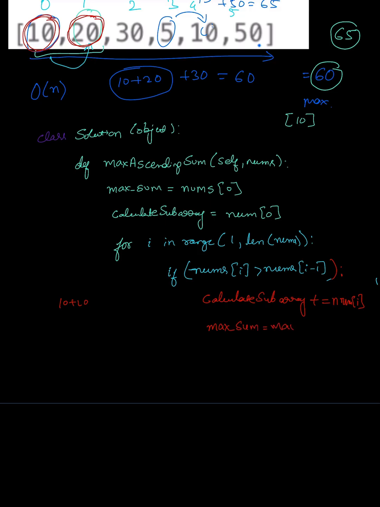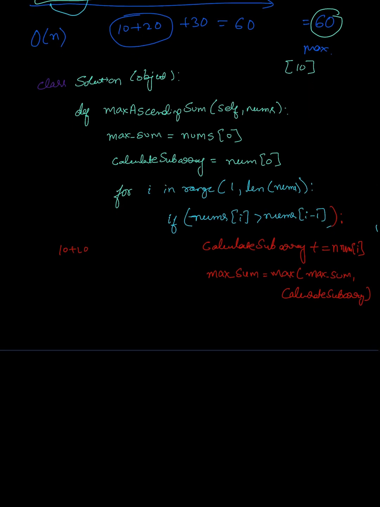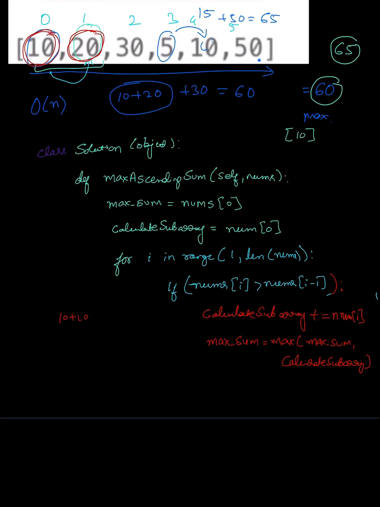So we'll be using the Python library function max, and we are going to pass the maximum and the calculated subarray value. In this particular case, we will be getting the maximum. In the next iteration, what will happen? This will go to 30.